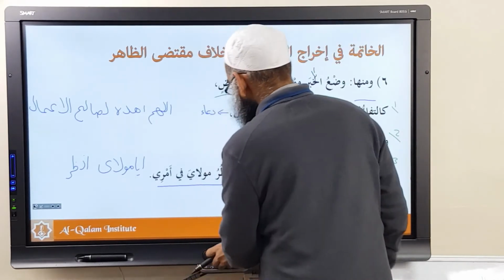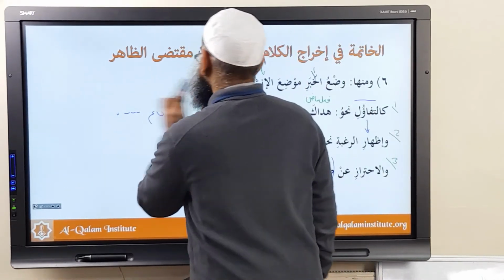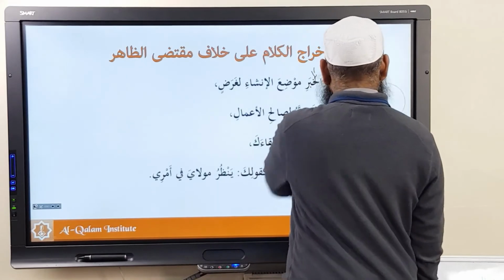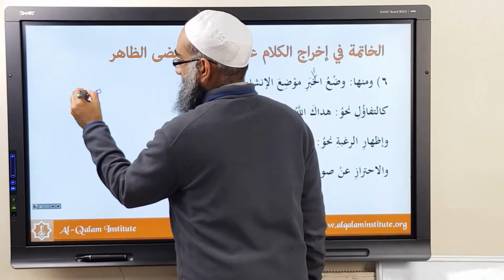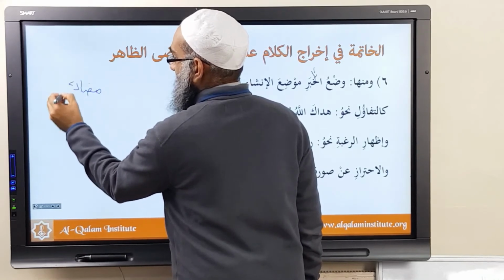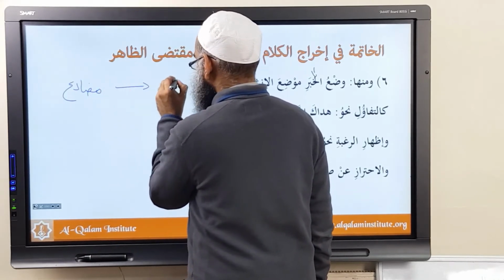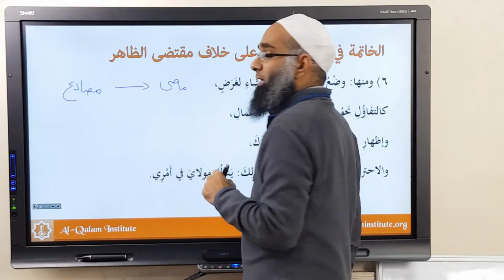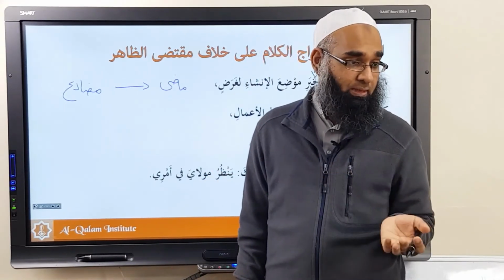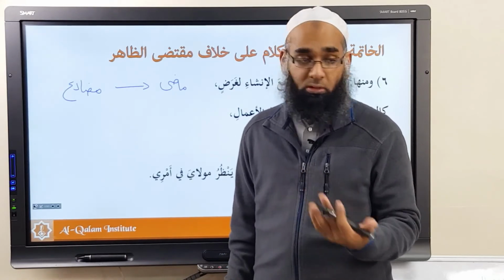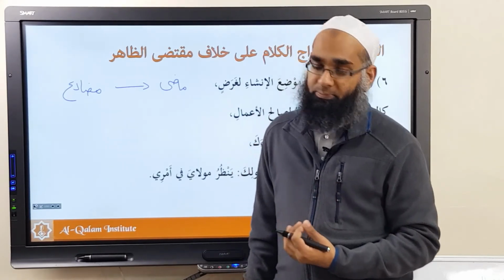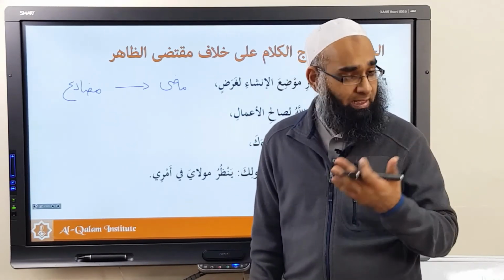So the two separate issues are what? That you can have a mudari expressed how? Via the madi. Like for example, the umur of qiyamah, the matters of the day of qiyamah. Allah expresses it many times in the Quran via the madi. Ata amrullahi fala tasta'jilu. وَسُيِّرَتِ الْجِبَالُ فَكَانَتْ سَرَابًا.